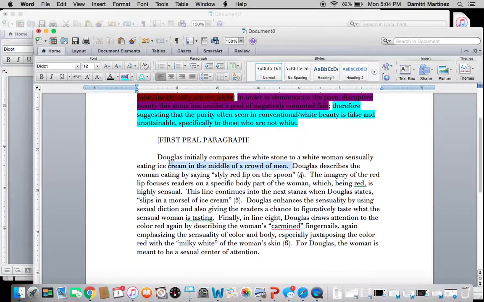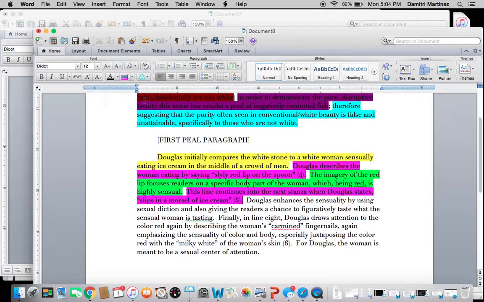So let me just quickly highlight. Here's my point. It's going to be yellow. Here's my first piece of evidence. Evidence is going to be fuchsia. Here's my analysis. That's going to be green. Got another piece of evidence. It's going to be fuchsia. Got more analysis. Green, fuchsia.